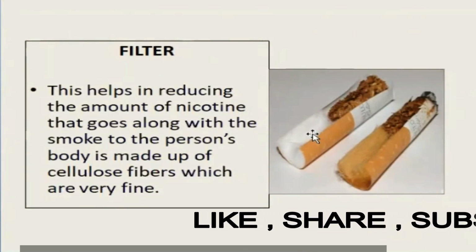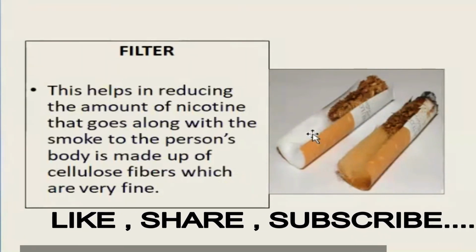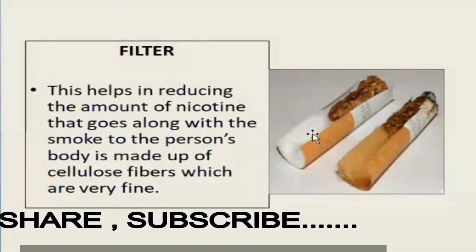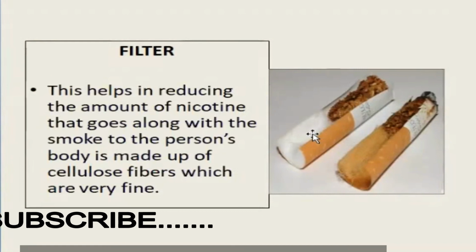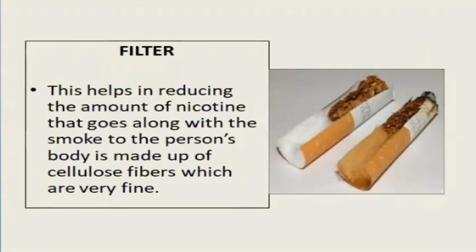Why is it so? Because the expensive ones normally control the smoking rate more, and are less harmful for the body. That is the reason those are expensive. The next slide is all about the different parts of cigarettes.